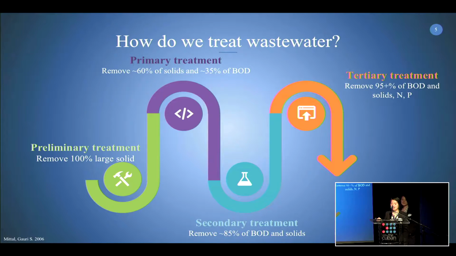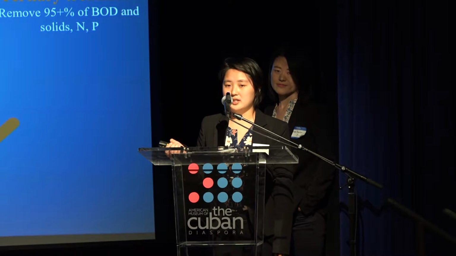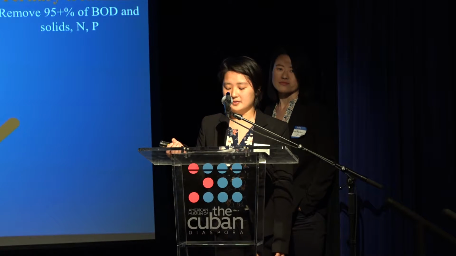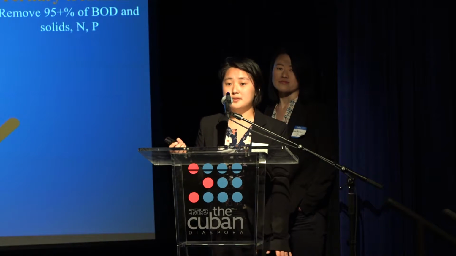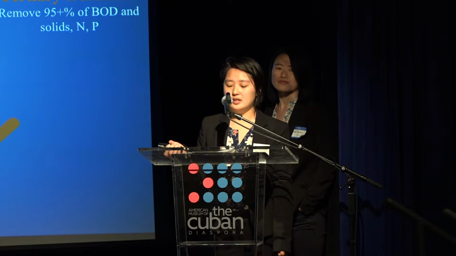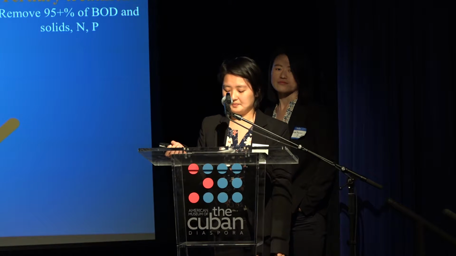And then finally, we would do tertiary treatment, which includes chlorination and filtration by use of biochar, activated carbon, sand, and anthracite, which removes 95% of the remaining BOD and solids, as well as nitrogen and phosphorus. For the purposes of our presentation, we will be focusing on primary and secondary treatment.